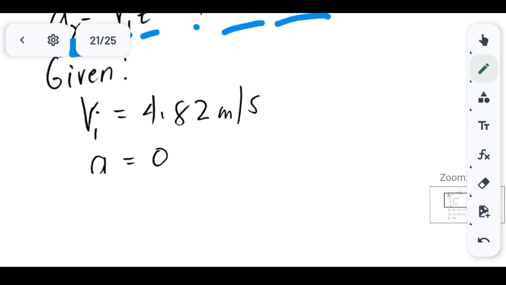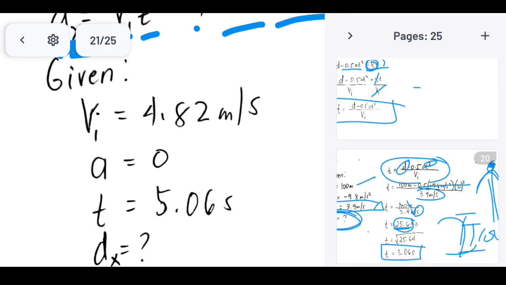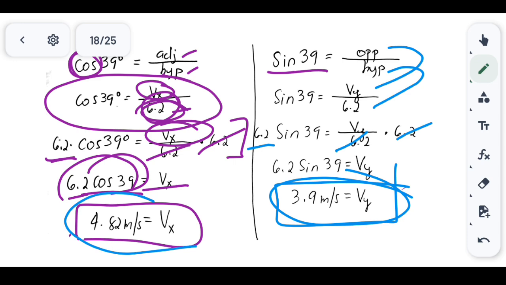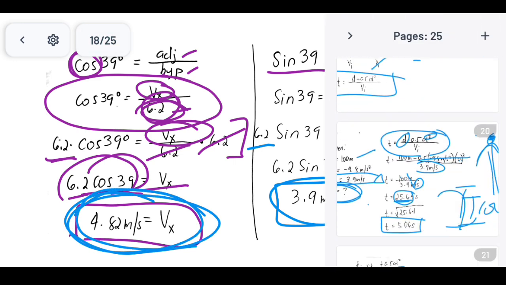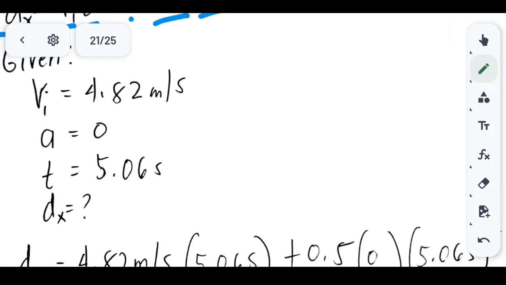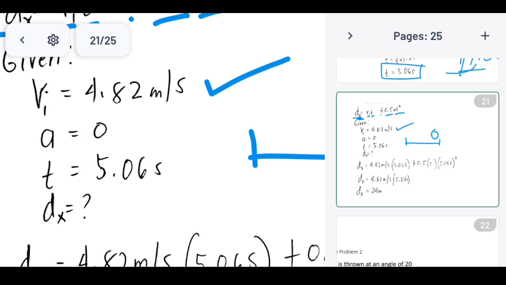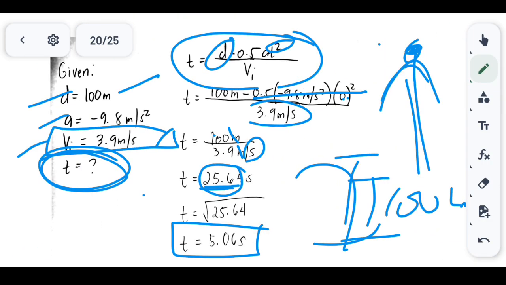And then identify the given, our initial velocity in the x component, which is 4.82 meters per second. So, here we have the value of initial velocity, which is 4.82 meters per second. The acceleration in the horizontal is 0. It is not given. Then our t is our previous calculation here, 5.06 seconds.